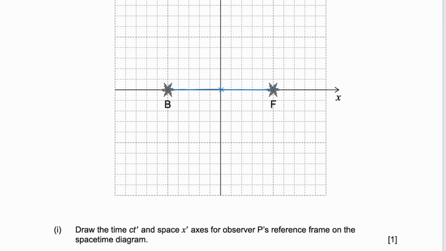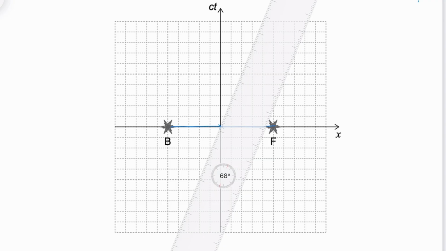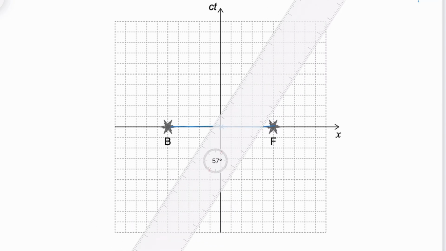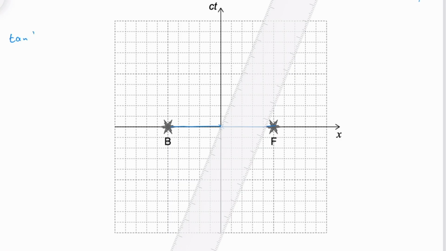D1. Draw the time CT dash and the space x dash axes for observer P's reference frame on the space-time diagram. What we're going to want to do here is draw a set of axes like this. But we don't know what angle to put them at yet. Do you remember earlier in the tutorial I gave you a little exam tip and I said v over c is equal to 1 over the gradient, and I think we're going to use that here.